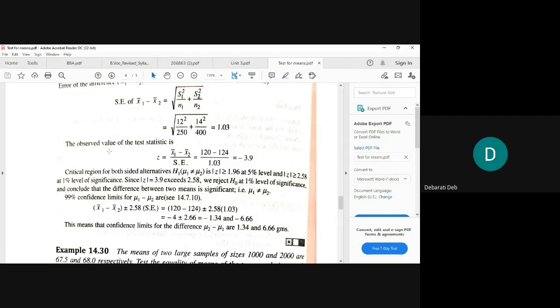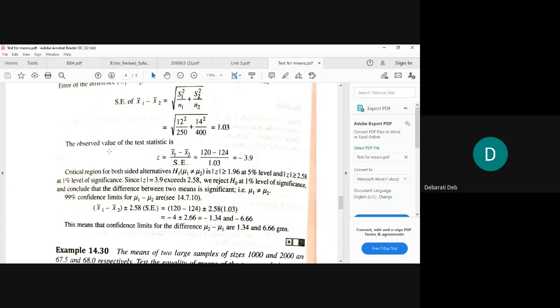So write down that value, don't write observed, right? The value of the test statistic is Z equals, so this is a formula again. You need to use the right formula, okay?